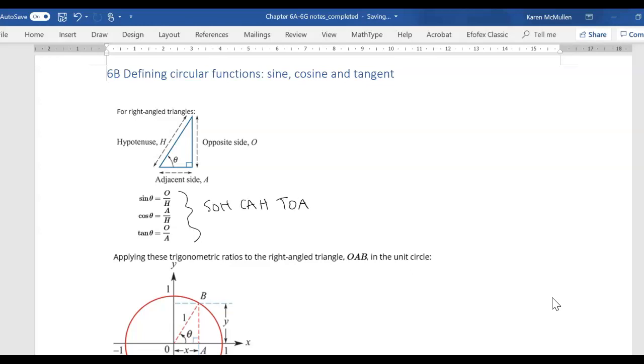You can use this triangle to help you remember exact values, and I might talk about that a little bit later. But your understanding of this will help you understand the unit circle a little bit better. All right, so we're only going to focus on sine and cos for now, not necessarily tan.